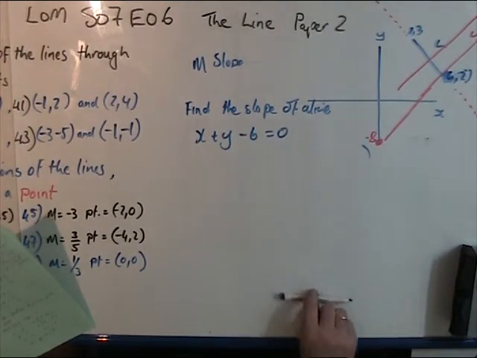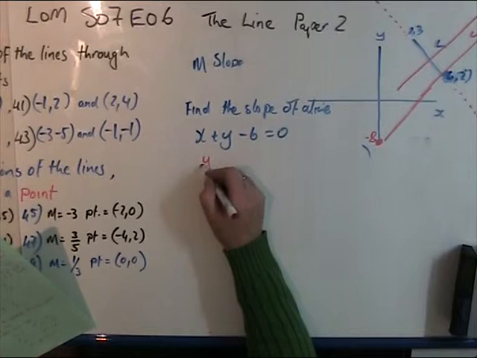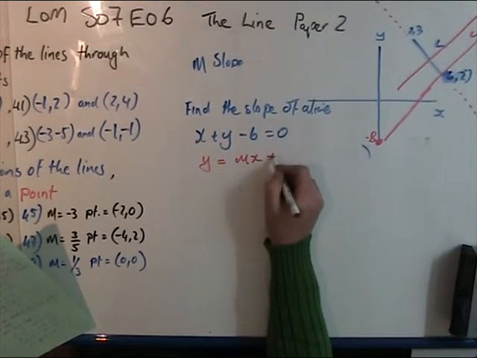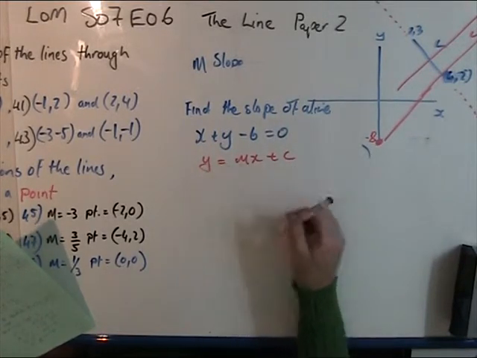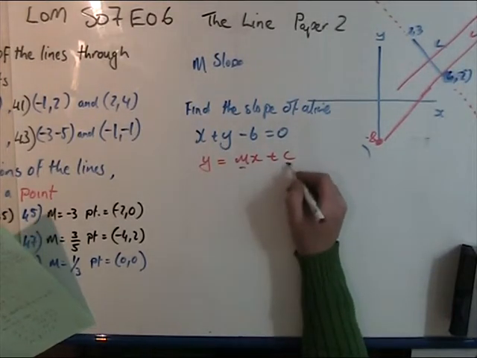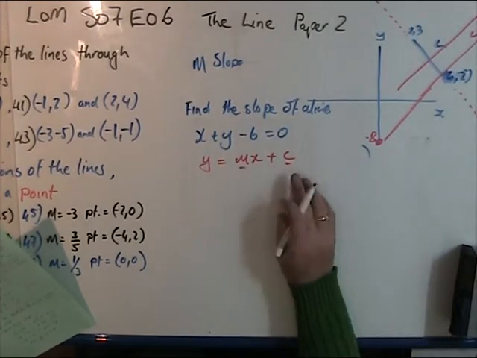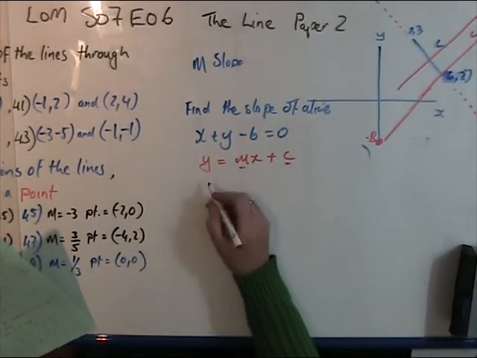Now remember before we did this and we said we can find the slope because we can put it into the form y is equal to mx plus c, and we can sort it out and find the slope from it. I know I've been over this a lot of times, and c is the y-intercept. But we won't bother with c for the moment because I can show you another way to get c.